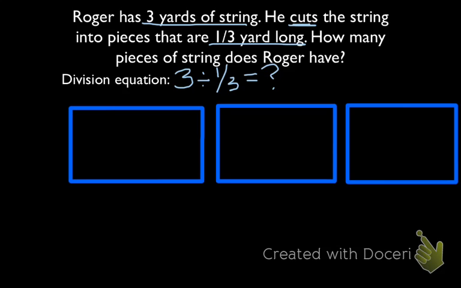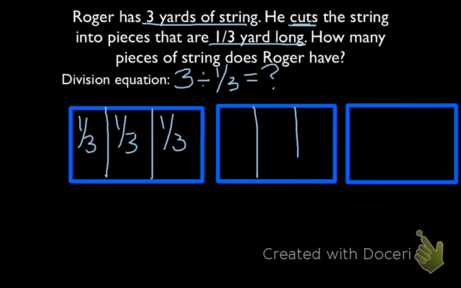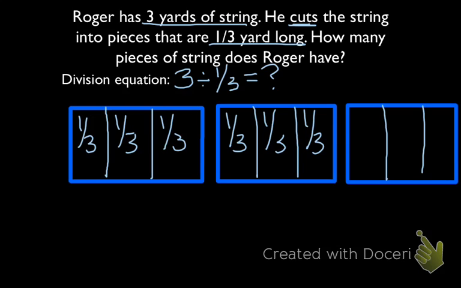So we'll basically just make pieces of 1/3. So here's a third. Then we'll divide this second whole into thirds as well. And this last into thirds as well. So now we've taken our 3 yards, our 3 wholes, and divided it into equal pieces of 1/3.